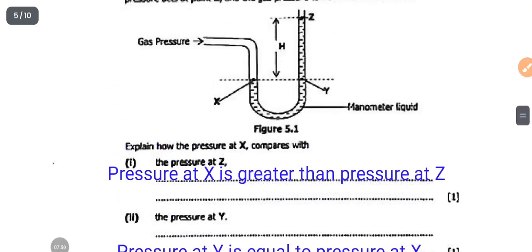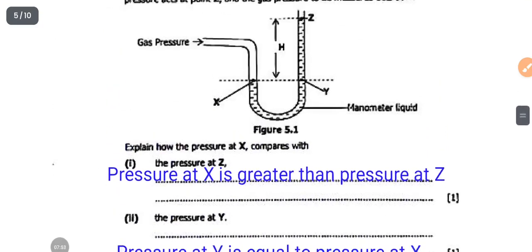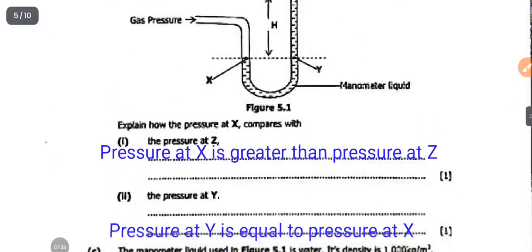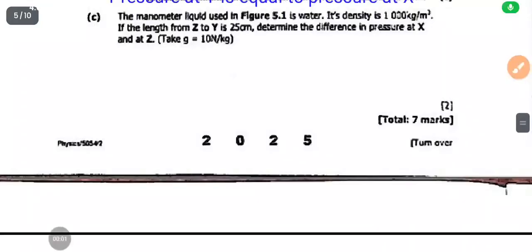So we are told that the manometer liquid used in figure 5.1 is water, its density is 1000 kg per meter cube, and the length from Z to Y is 25 centimeters.